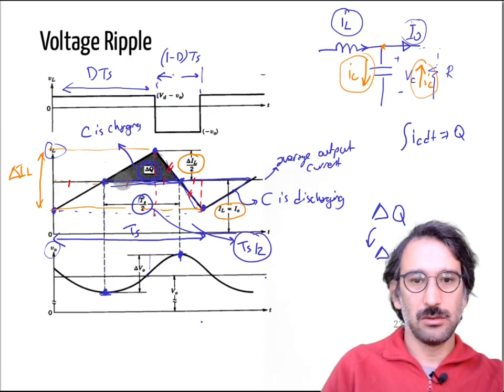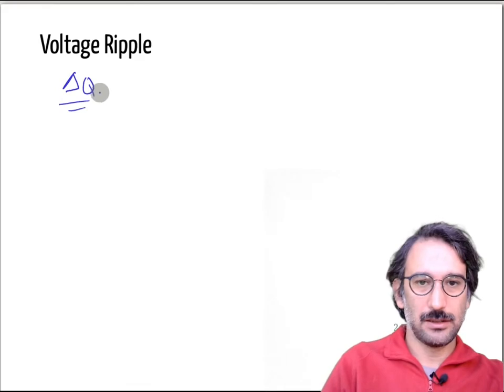Delta Q is that area, as you can see. If you get that rectangular area, that area is half of that thing. So delta Q can be written as that one times that one divided by 2. So let's write that.